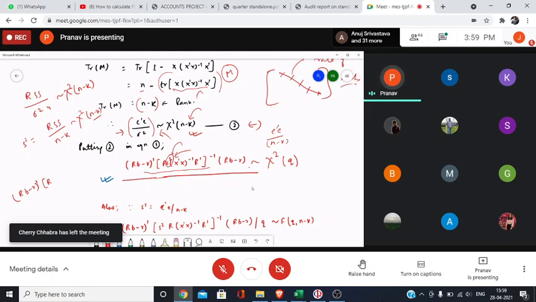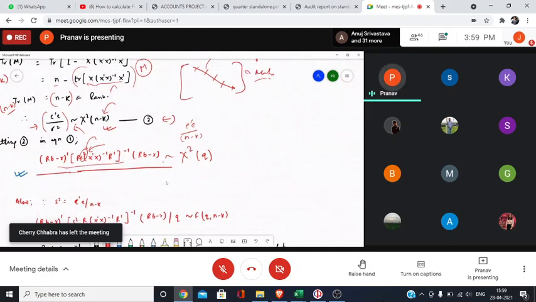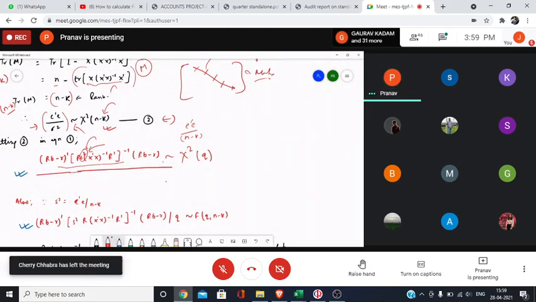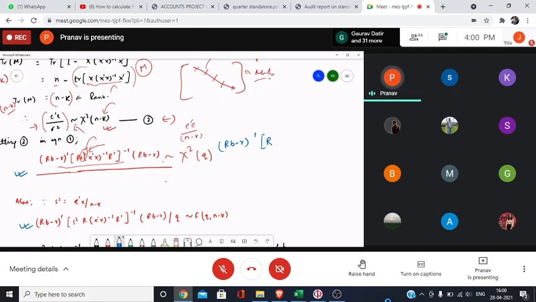So now my statistic can be written as RB minus R transpose R X transpose X का inverse R transpose का inverse RB minus R, और जो मेरा यहाँ सिग्मा स्क्वायर था वो इनवर्स में है तो डिनोमिनेटर में आ जाएगा, उस सिग्मा स्क्वायर को आई कैन रिप्लेस बाय दिस क्वांटिटी.